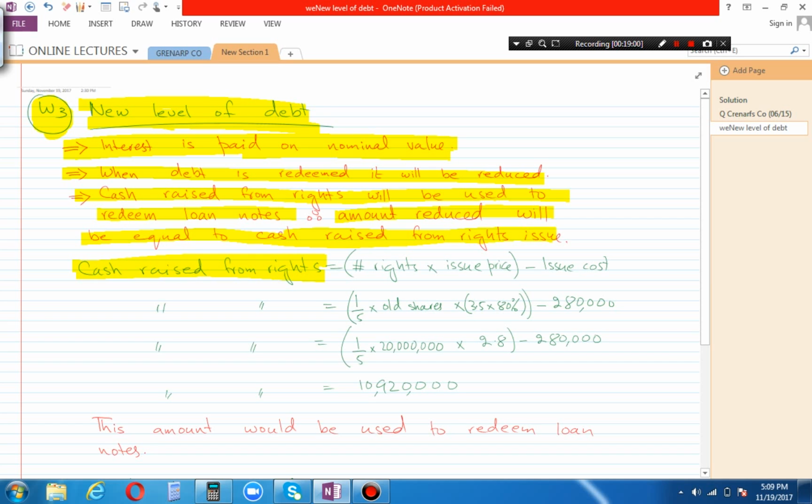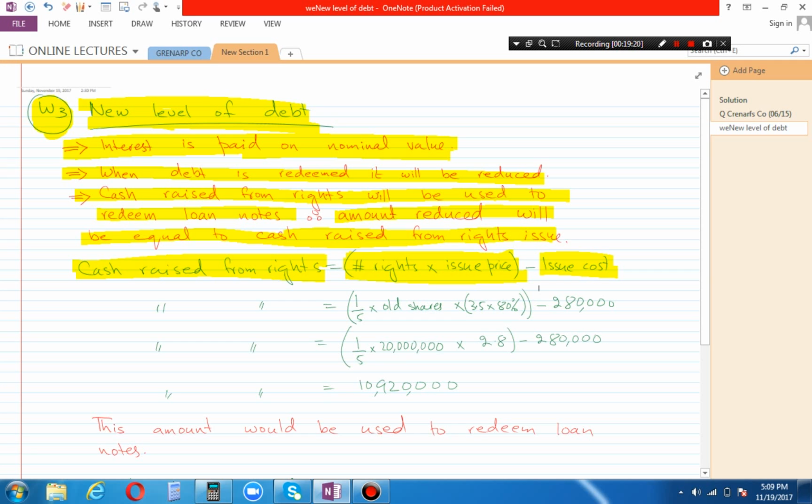Cash raised from the right issue would be equal to the number of rights multiplied by the issue price, obviously minus the issue cost, because our question says that if you want to raise finance using a right issue, then you have to bear some cost of 280,000.